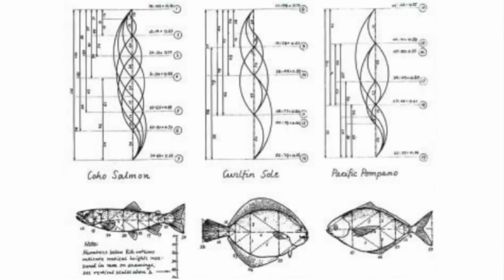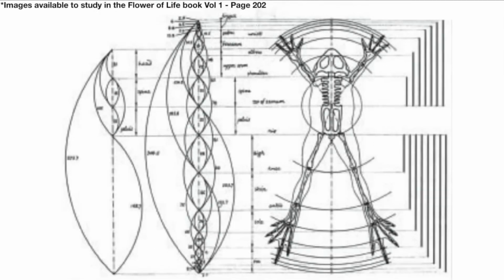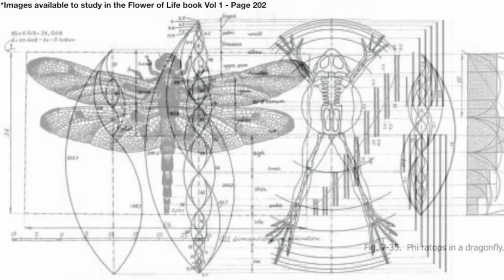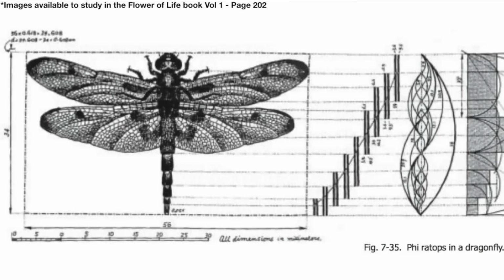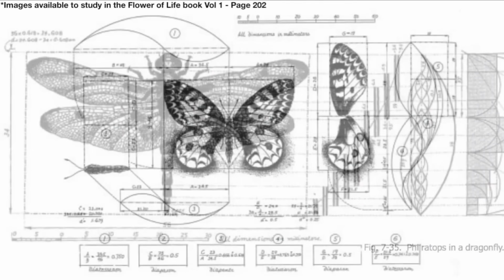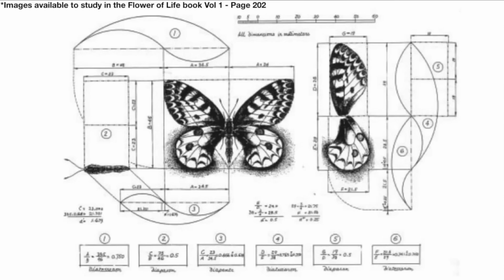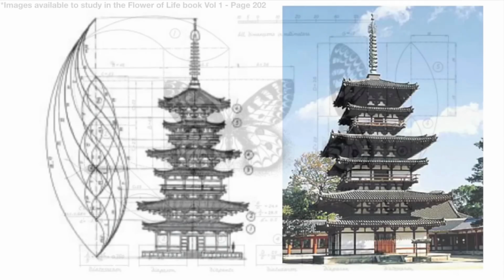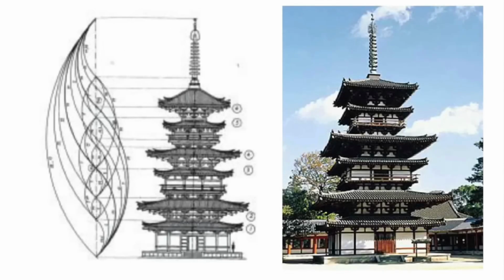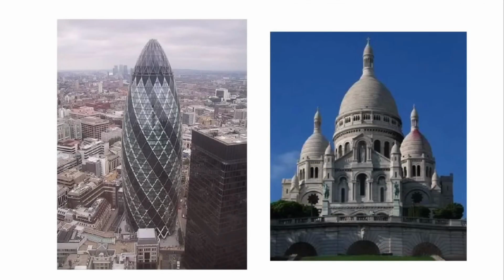In the fish in the ocean, in the frogs that jump on land, in the dragonflies that hover above the water, and in the spread of a butterfly wing. No matter where you look, even in architecture, that golden ratio continues to show up.